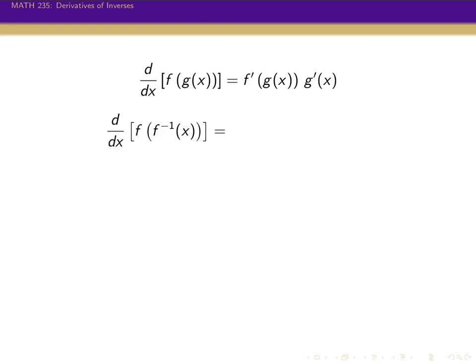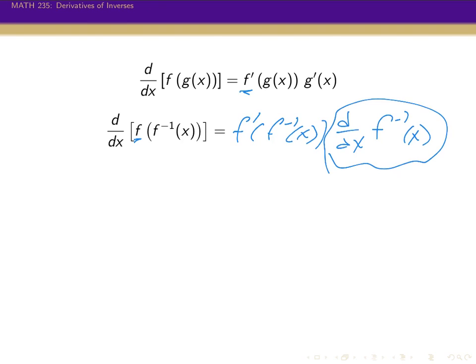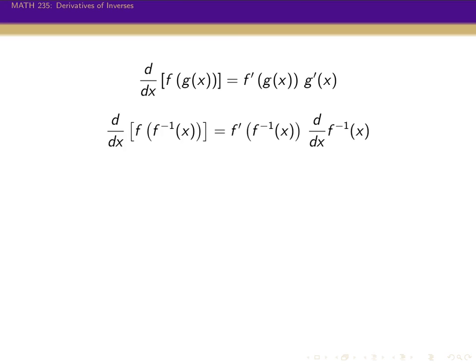Well, f has stayed the same, so it's still going to be the derivative of f on the outside, but now we're going to have the inverse plugged in, and then we're going to have this derivative of the inverse function on the outside. And so this is what we're trying to figure out. This is what we want. And so there it is, written all nicely. That's one way of thinking about it.